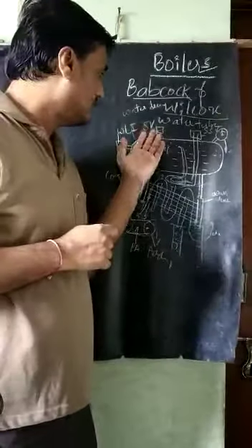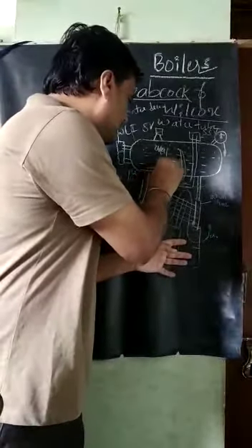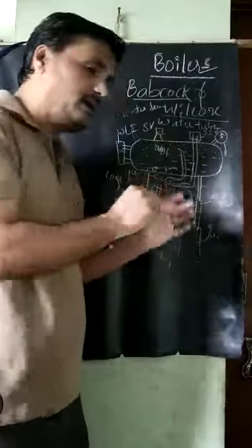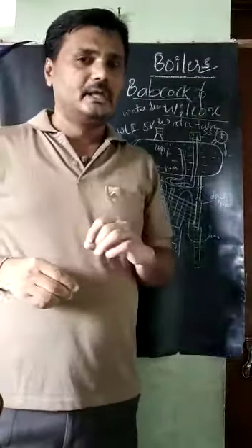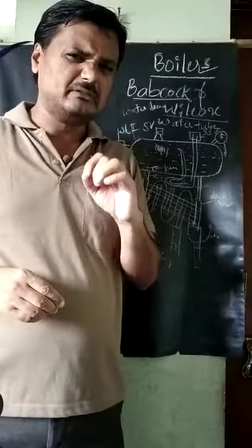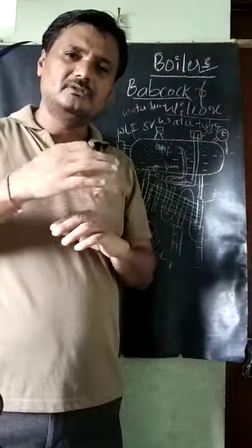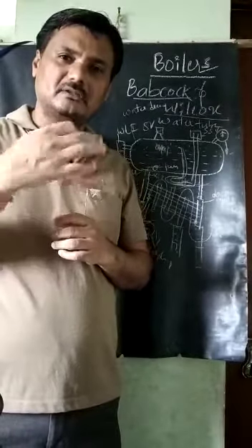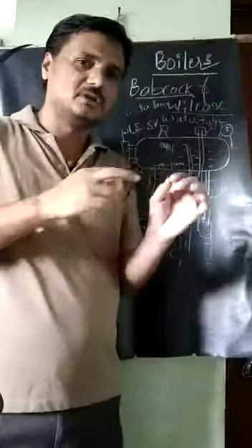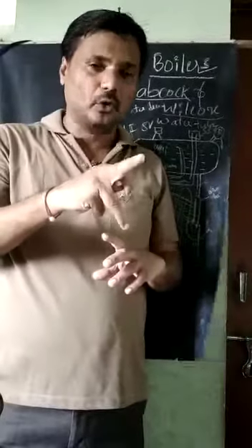So likewise, the safety valve, the pressure gauge, and here is a fusible plug. Fusible plug means what? If the pressure or temperature reaches a very dangerous range, outside the normal range, this fusible plug will cut down the supply of the fuel.